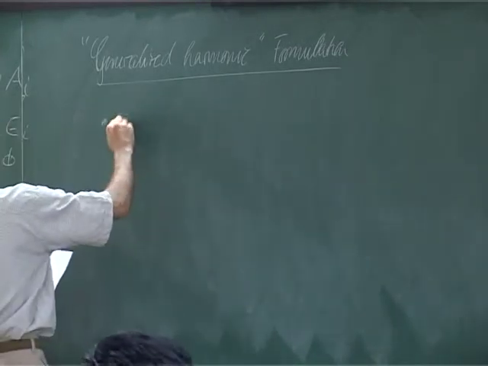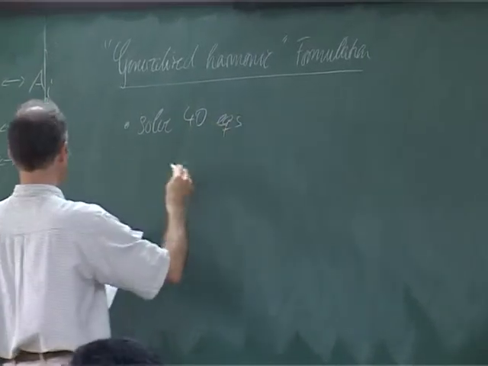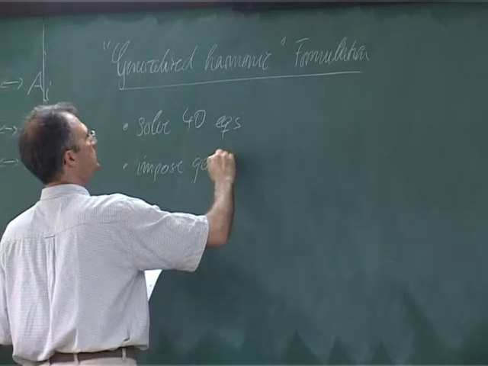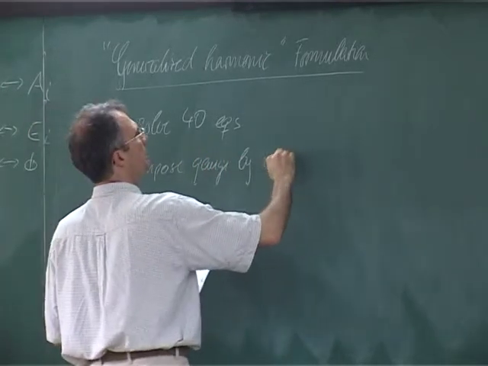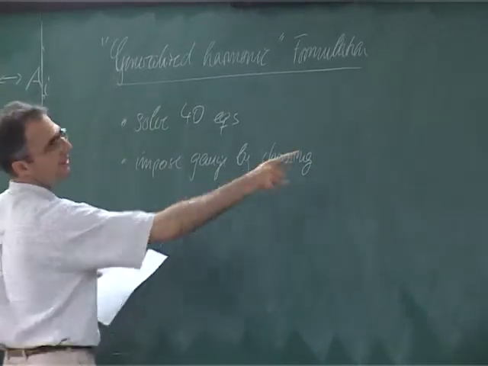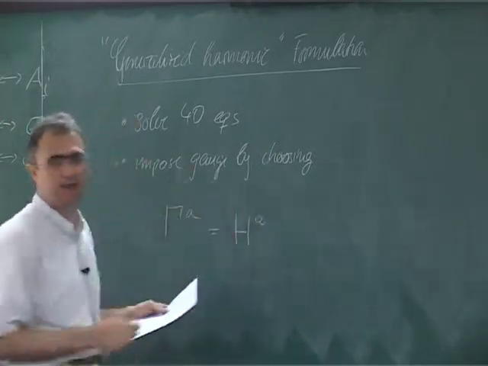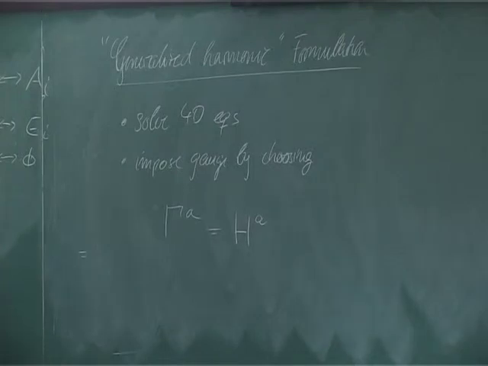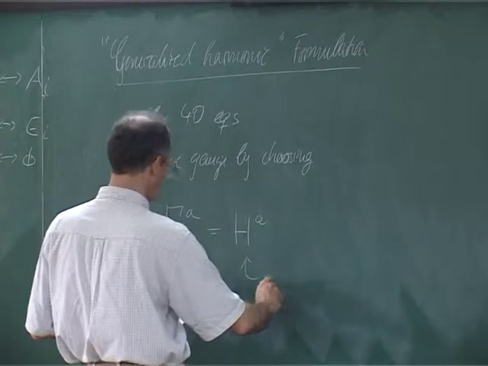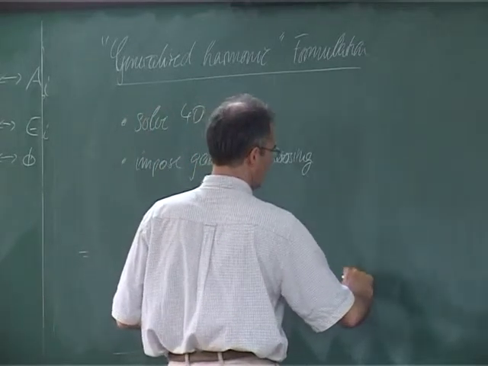In this case, you solve the 4D equations, and you impose the gauge by choosing gamma A, exactly those gamma A's, as some given functions H_A of the coordinates. These are then called the gauge source functions.